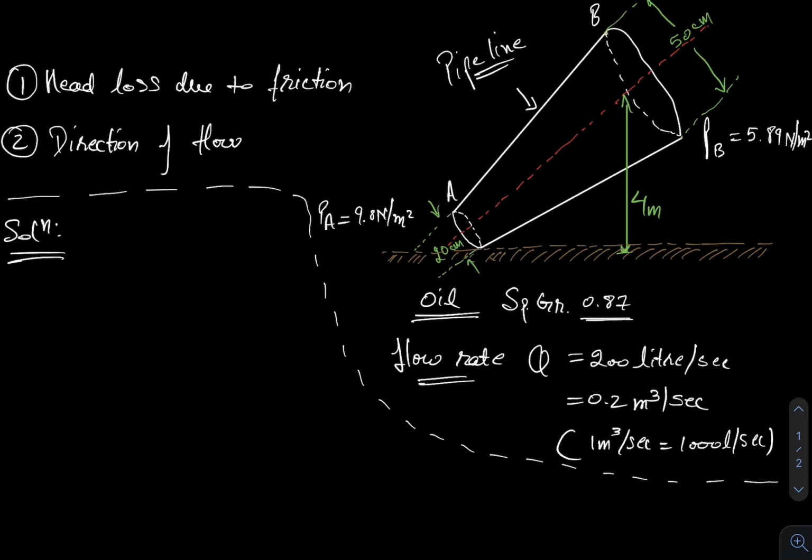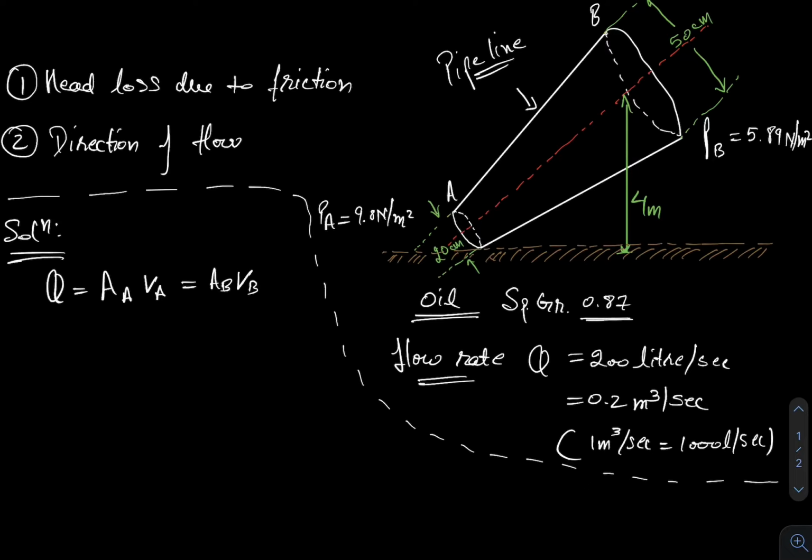If flow is incompressible, I can directly apply the simple continuity equation. What was the continuity equation? Q is flow rate. Q = A1V1. Let's say I am talking about point A. So area A_A times velocity V_A is equal to A_B times V_B, where A denotes the area of the cross section and V denotes the velocity at that cross section.